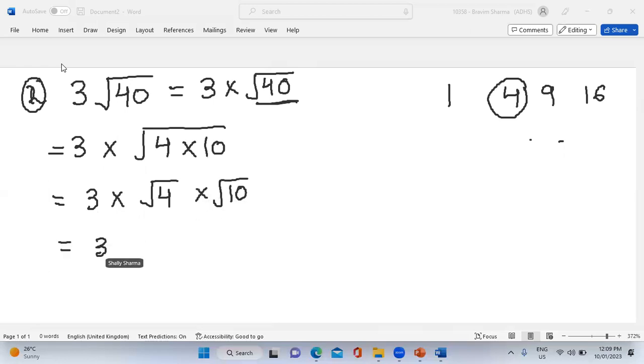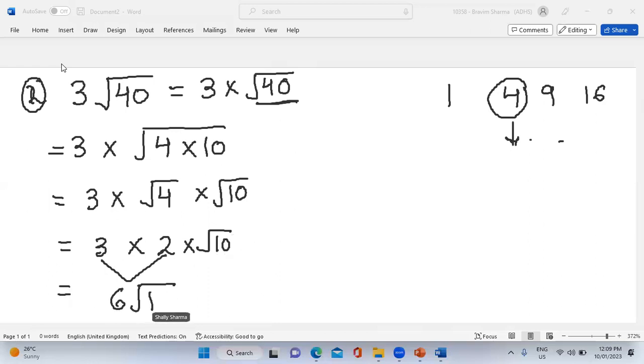Square root of 4 is 2, so this will be 3 times 2, which is 6 square root of 10. Always remember, when you have two surds, the simple numbers without surd will be multiplied together and the surd parts will be multiplied together.